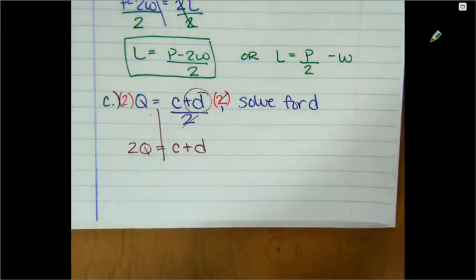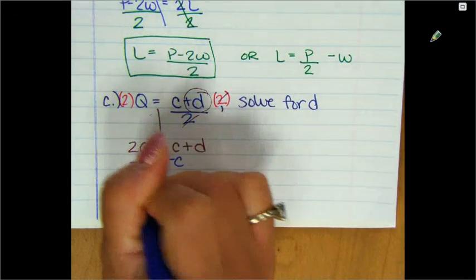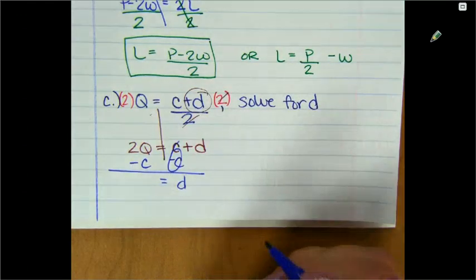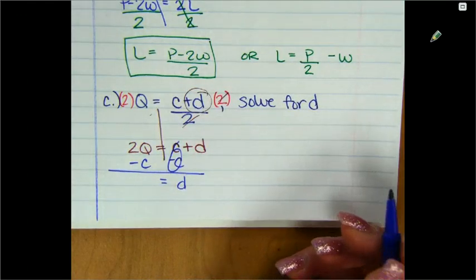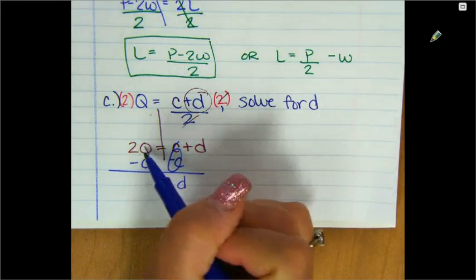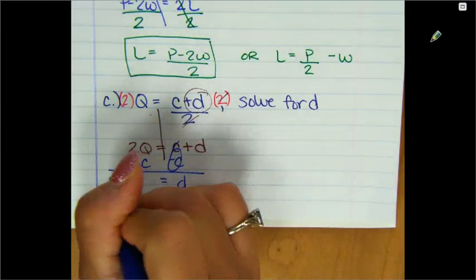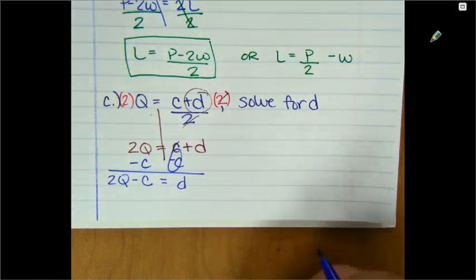All right, so what do I do? On this side, I just have D. On this side, what do I have? How many Q's? 2Q. Why is it 2? Minus what? Yeah.